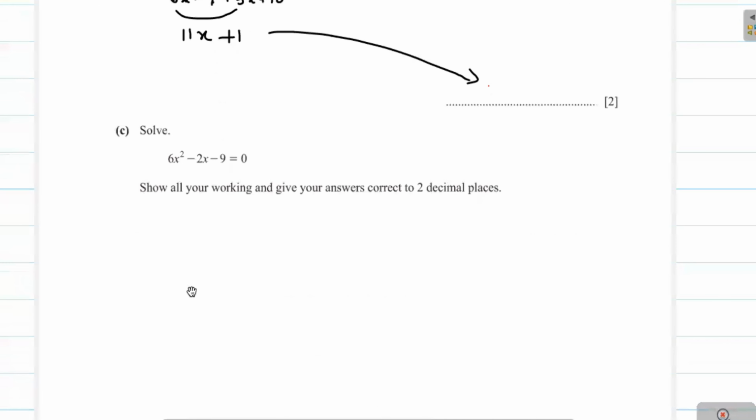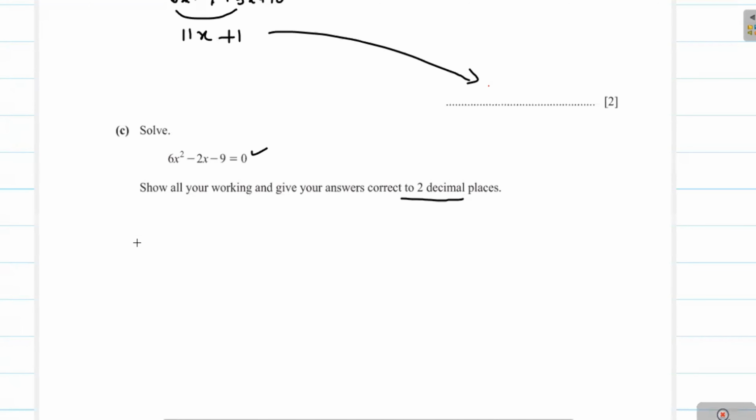Next part C, 6x square minus 2x minus 9 equal to 0. Show all your working, give your answer correct to 2 decimal places. This equation can be solved by using the quadratic formula because the answer is needed to 2 decimal places. Therefore, we cannot factorize easily, so we use the quadratic formula here.